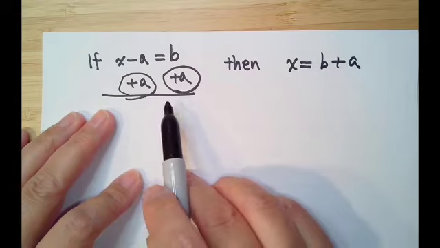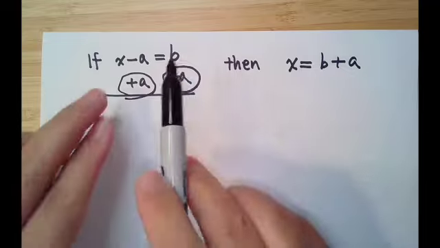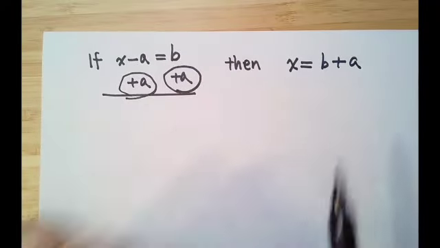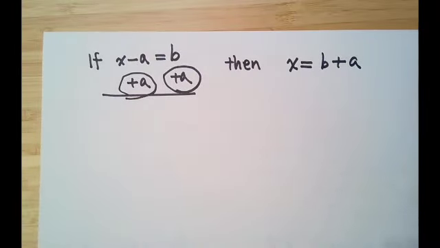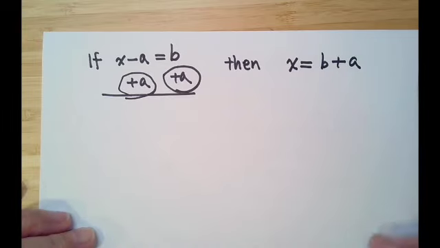All right, so this is called, you can add the same number or the same amount on both sides of the equation, and then you get an equivalent equation. It makes sense? So this one and this one, they are equivalent equations.